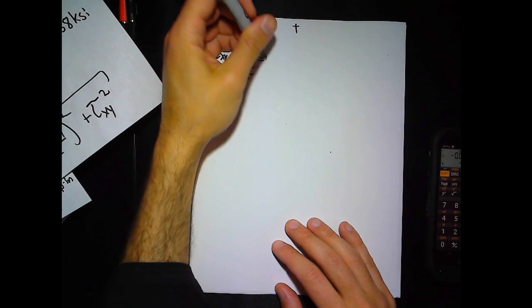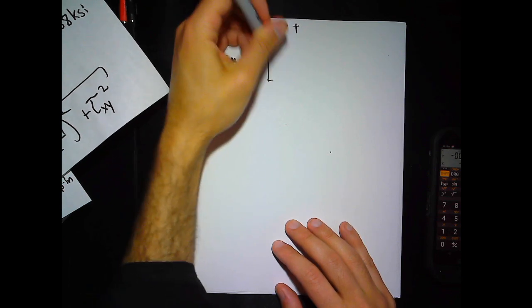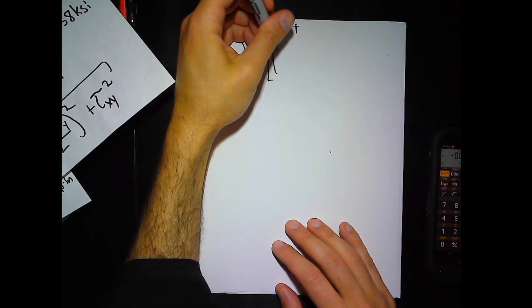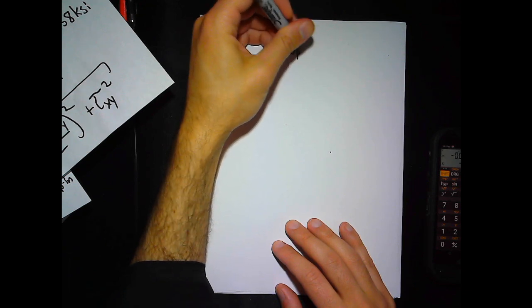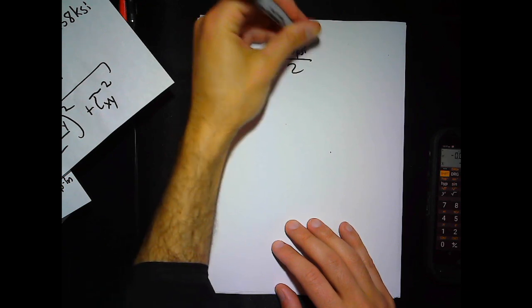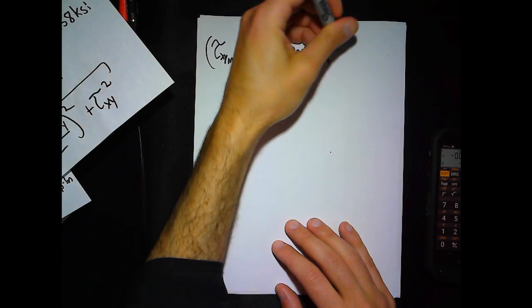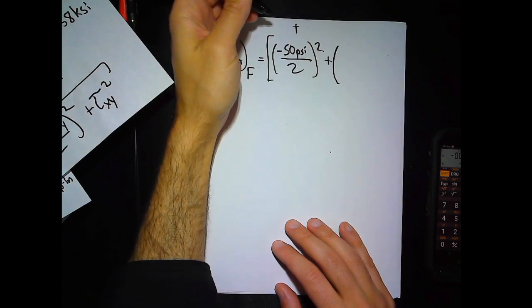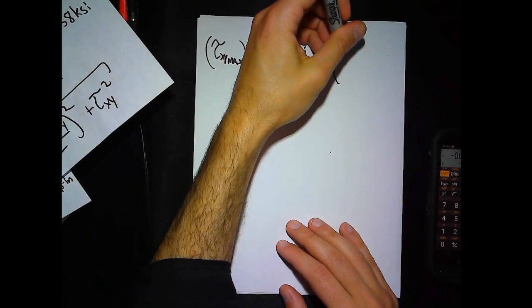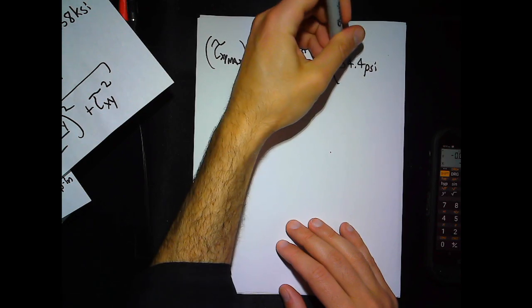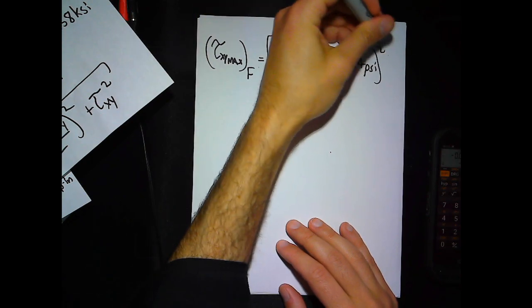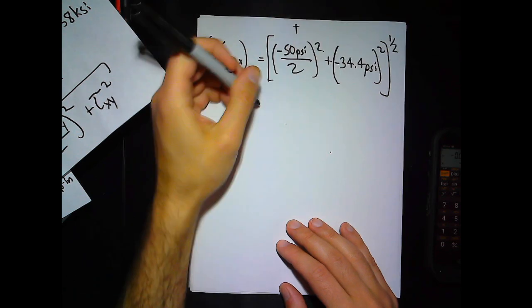So it would be, let's see, negative 50 psi over 2 squared plus, this is at F, so 34.4 psi negative squared, all that to the 1/2 power.